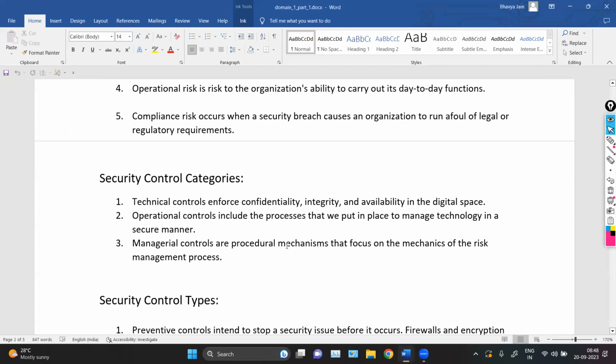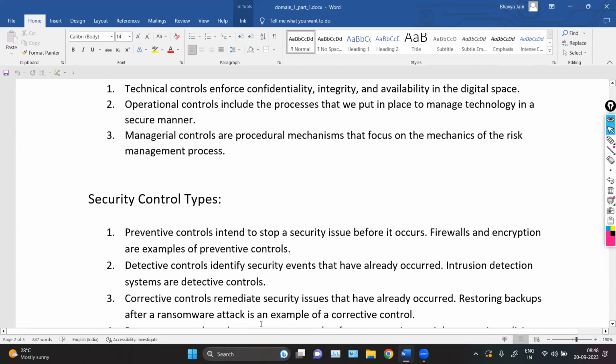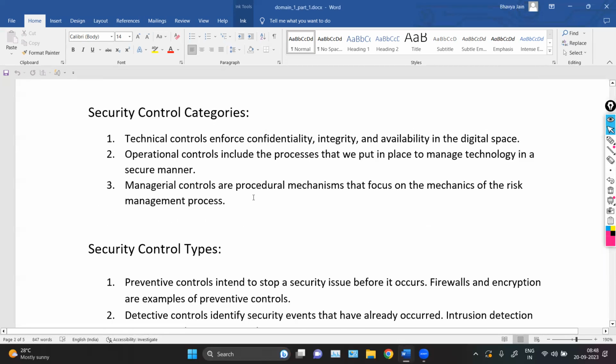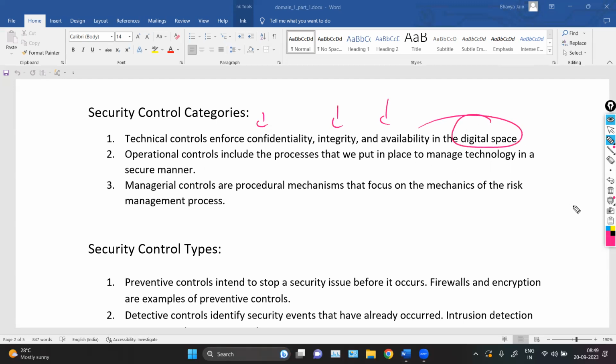Technical controls are all about securing the systems, for example by finding vulnerabilities, updating the systems, fixing the vulnerabilities, etc.